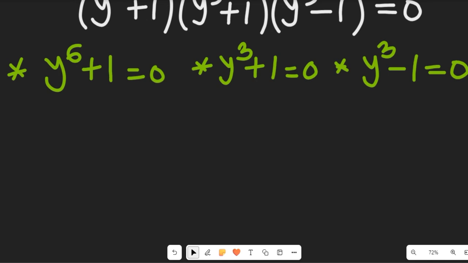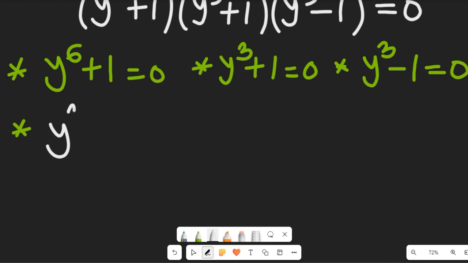Now, if we do that, let's start with y to the power of 3 minus 1 equal to 0.